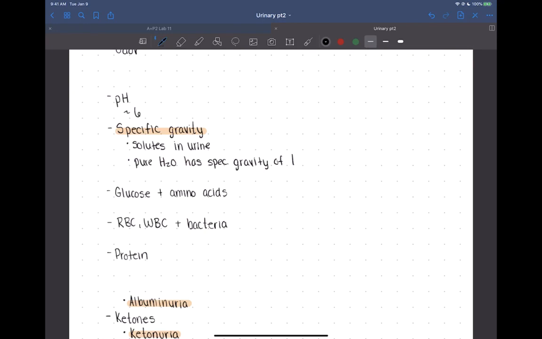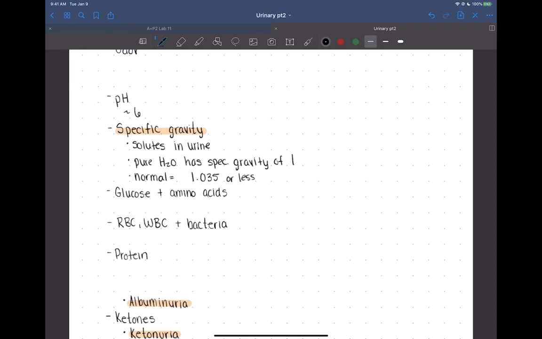And for urine, normal would be around 1.035 or less. When you start creeping above that, you would want to look into what solutes are present there, what's elevating that specific gravity.